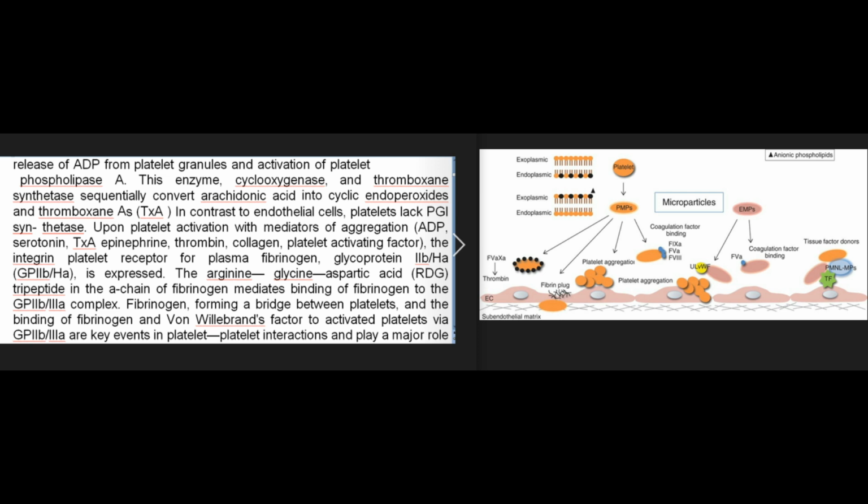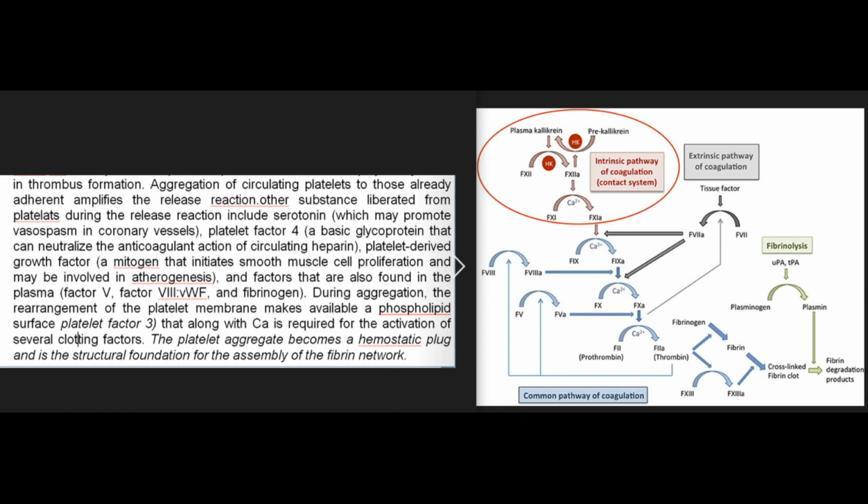The arginine-glycine-aspartic acid, RGD, tripeptide in the A alpha chain of fibrinogen mediates binding of fibrinogen to the GPIIb/IIIa complex. Fibrinogen, forming a bridge between platelets, and the binding of fibrinogen and von Willebrand's factor to activated platelets via GPIIb/IIIa are key events in platelet-platelet interactions and play a major role in thrombus formation.